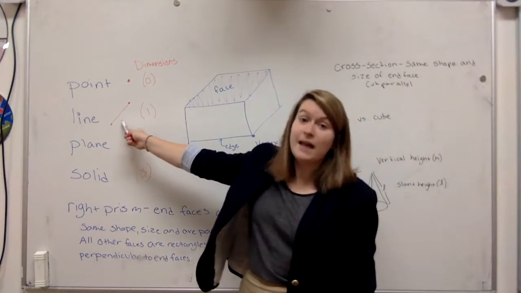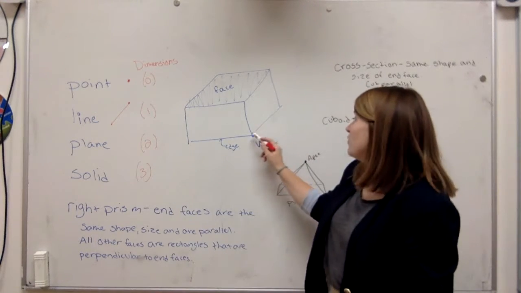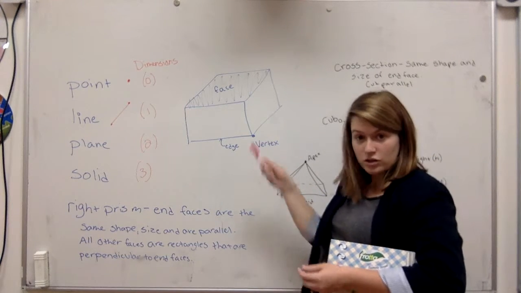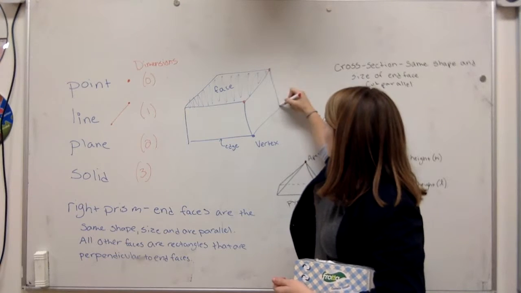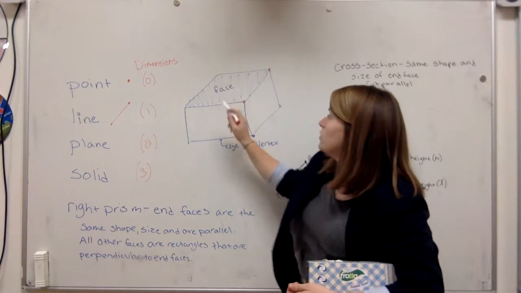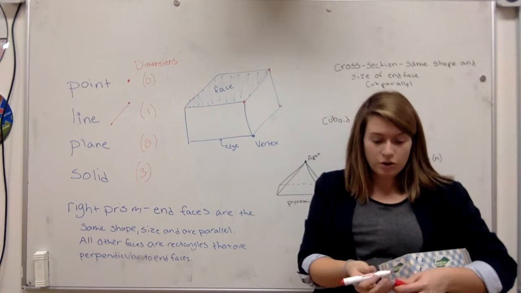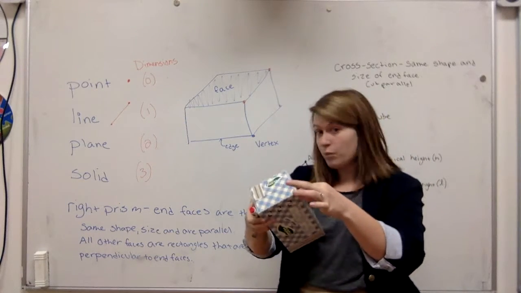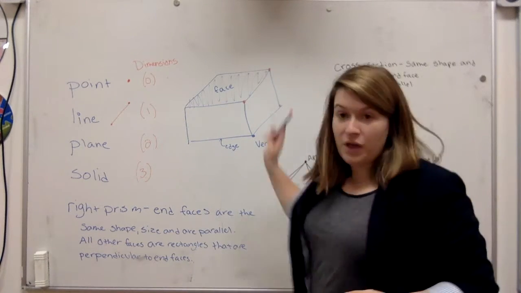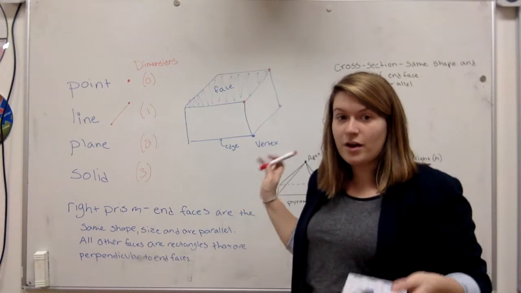An edge is a line. And then we have these vertices. I drew this one here. We also have here, here, here, here, here, here, and don't forget the one in the back, because you're going to have to learn how to count vertices. A vertex is a point. Okay, so that's to do with right prisms.